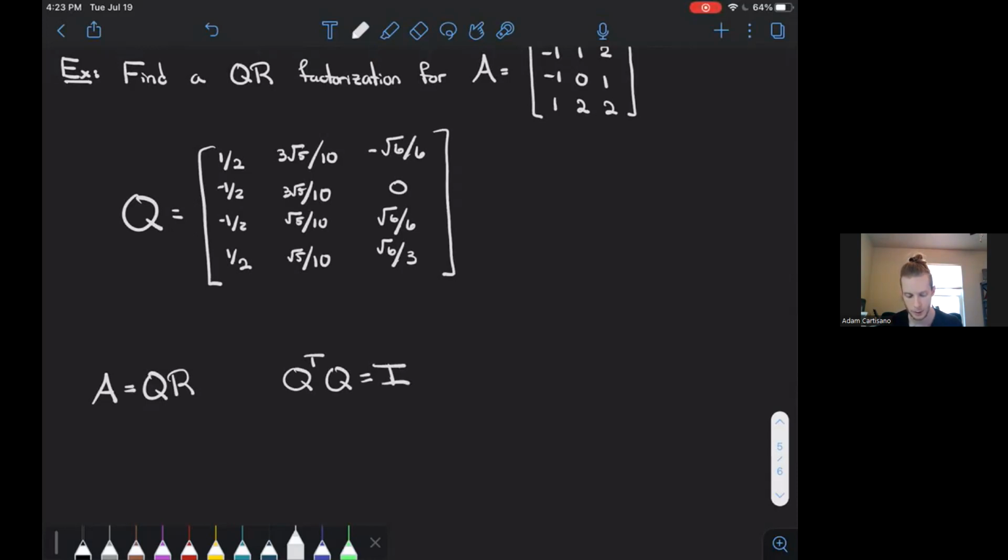That's because when you multiply Q transpose by Q, you're multiplying every column of Q with every other column of Q, turned sideways into a row.